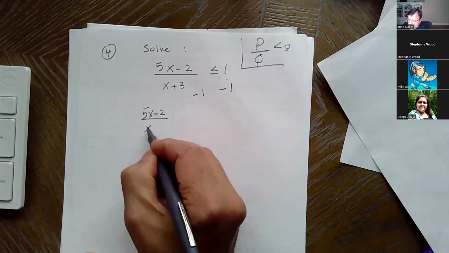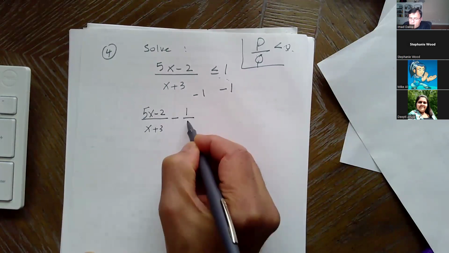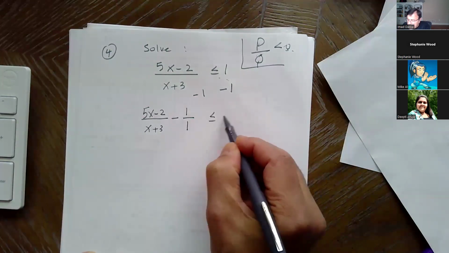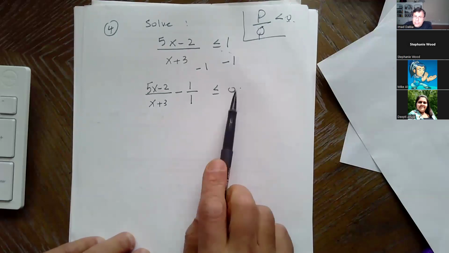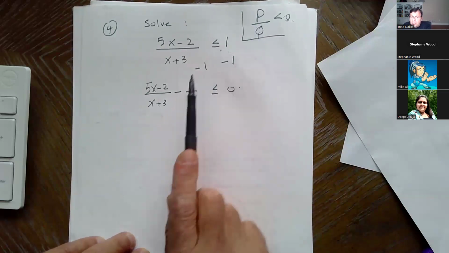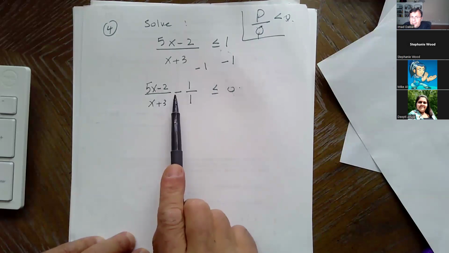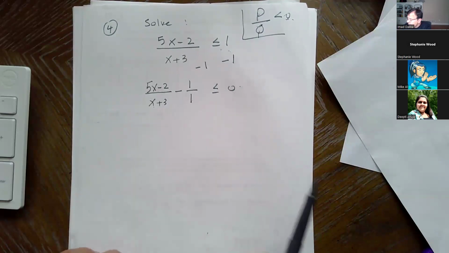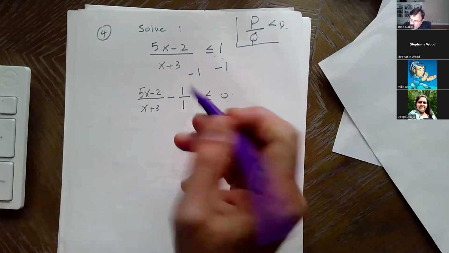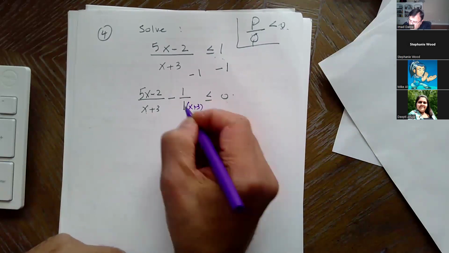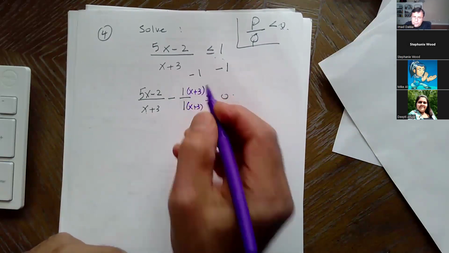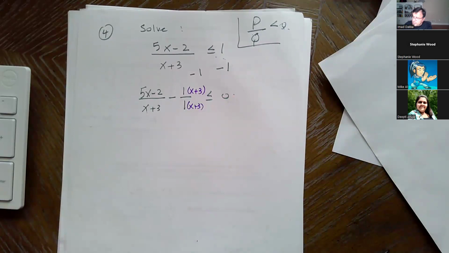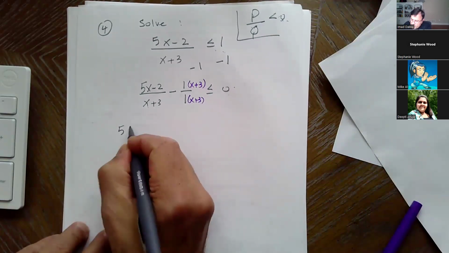We don't have a 0, so we're gonna make it 0 by subtracting the 1. 5x minus 2 over x plus 3 minus 1. Remember, 1 is 1 over 1, is less or equal to 0. So we got our 0, but then instead of having one fraction, we got two fractions. So we're going to find the LCD to make these the same. So we're going to times the 1's by x plus 3. So we would have 5x minus 2.